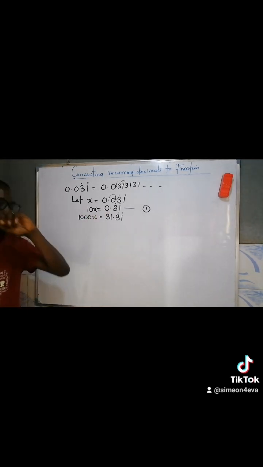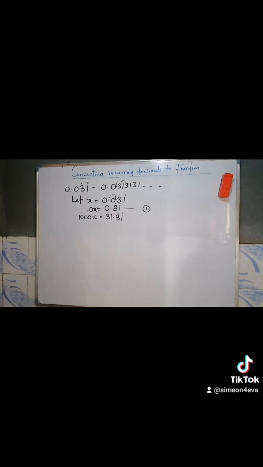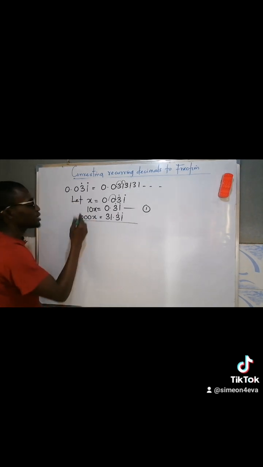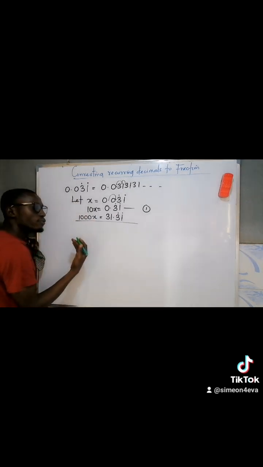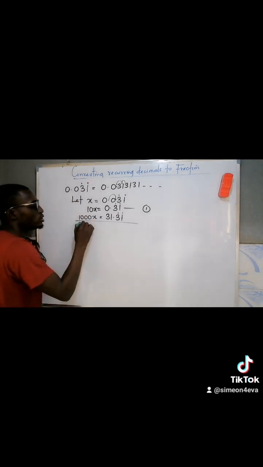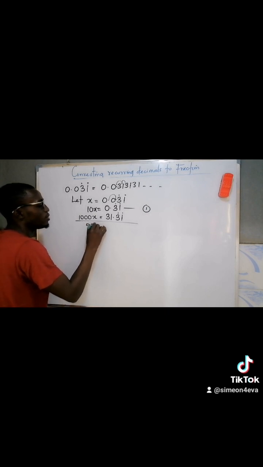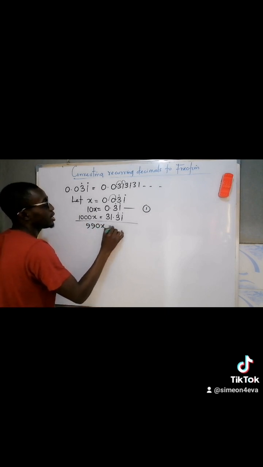I hope this is getting clear. Because there are 2 recurring digits here, you move it twice. That is the shortcut to this. If there are 3 recurring digits, you move it 3 times to get the next set of recurring digits. Right? So what is 1000x minus 10x? When you remove 10 oranges from 1000 oranges, you agree with me that you have 990x, which is 990 oranges.